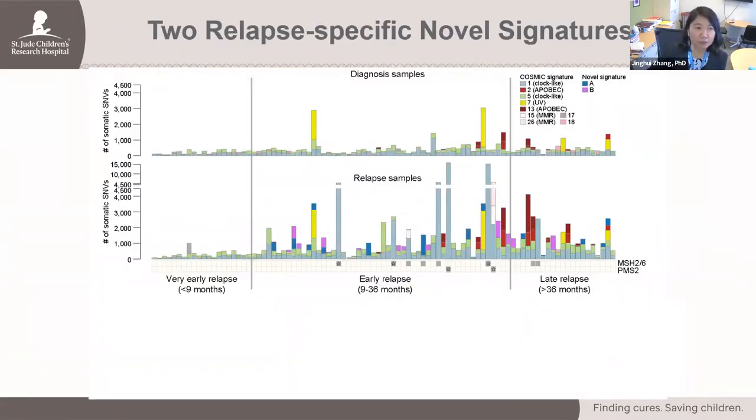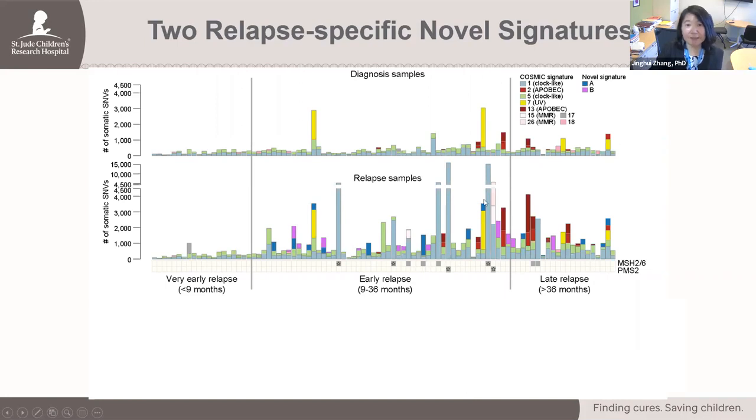Again, we looked into the mutational signatures present in the diagnostic samples and the relapse samples of these patients. In this graph, the y-axis represents the number of somatic mutations, and each of these columns represents a paired patient in diagnosis and relapse. The color coding represents the mutations attributed to different mutational signatures.